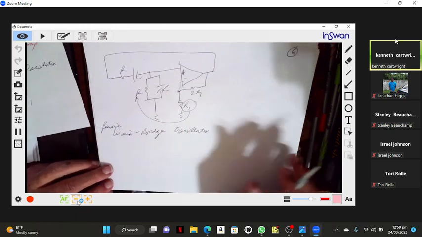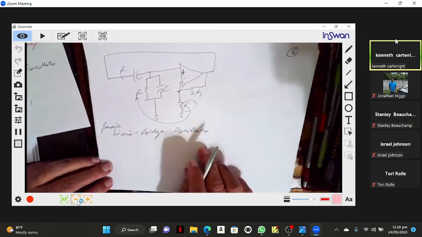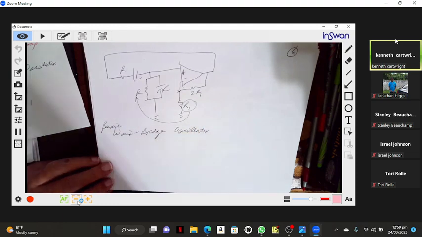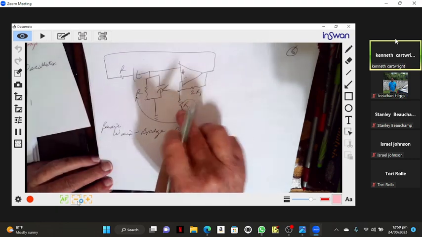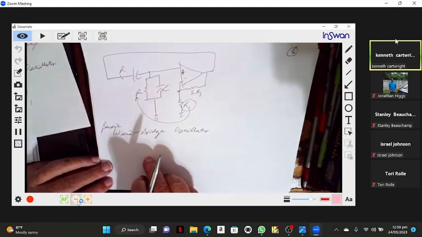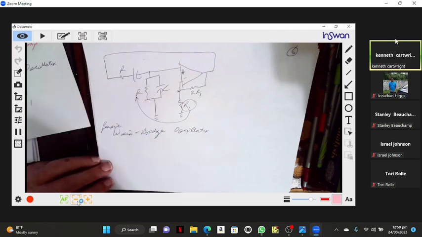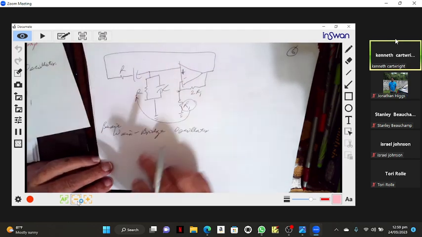Well, it's not a mistake, but when you make this equal to that, and that's what a lot of y'all did, there was no need for that. The gain-determining resistors are different from the frequency-determining resistors of the sine wave.